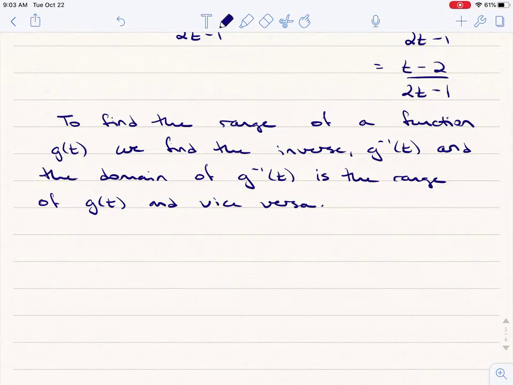So that's kind of a hard rule for if you have to find the range.